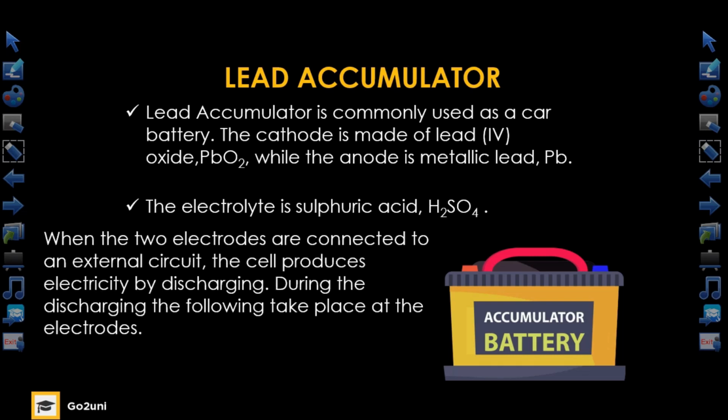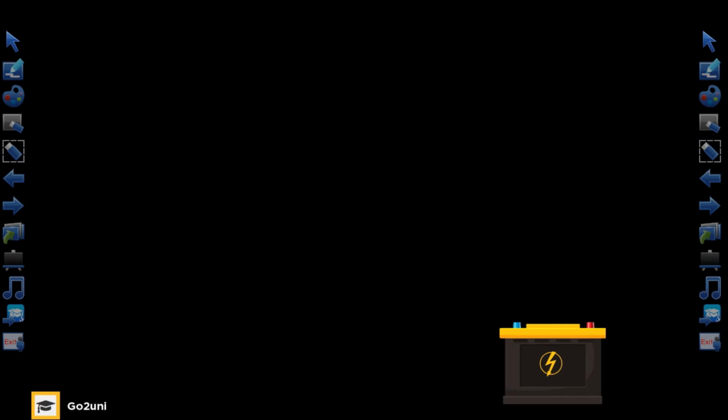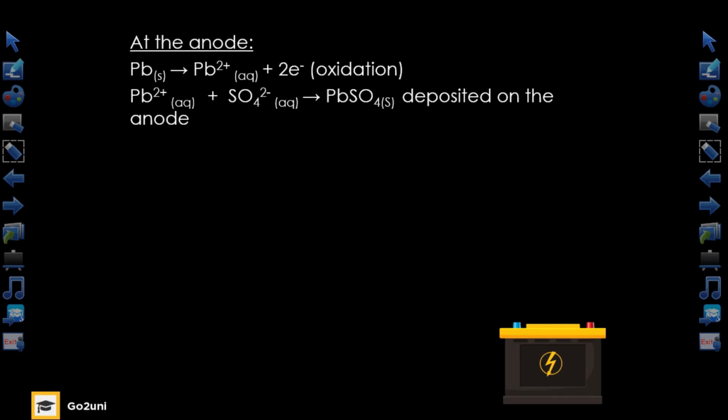When this cell is connected to an external circuit, it delivers electricity by the process of discharge. That is to say, it discharges its inbuilt or stored energy. And as this takes place, it brings about different reactions at the anode and at the cathode respectively. Now we shall take a look at the anodic and cathodic reactions.